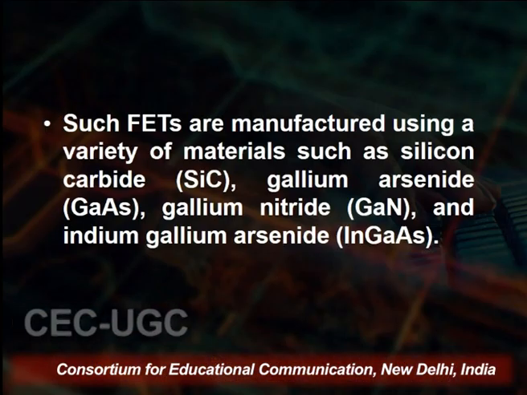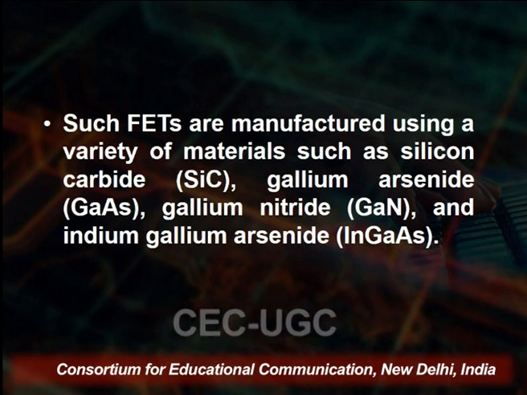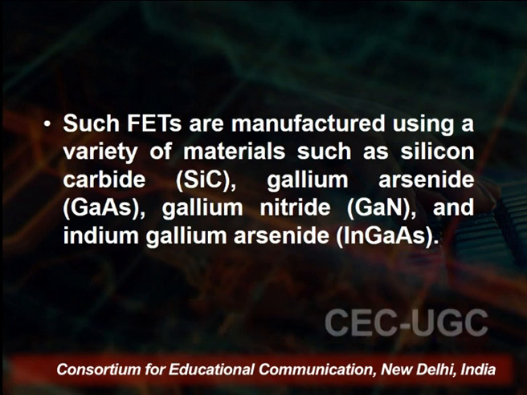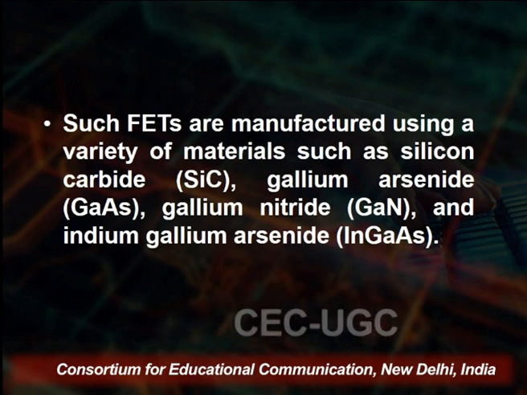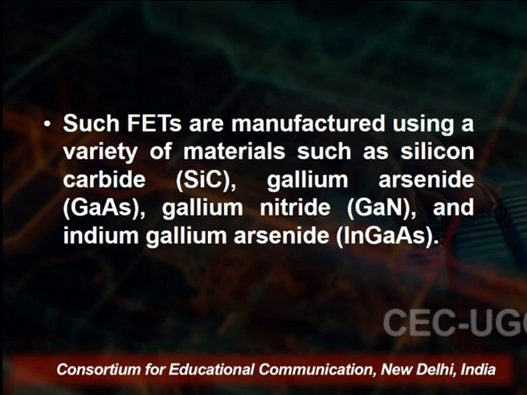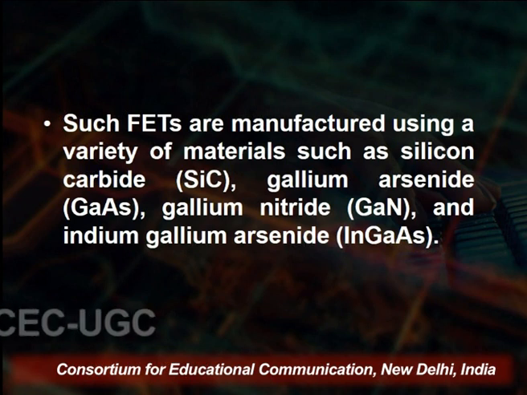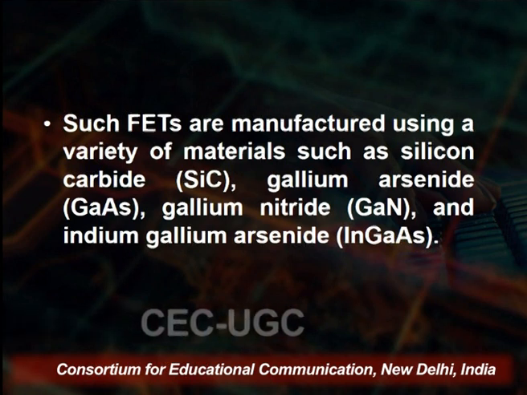FETs are manufactured using a variety of materials. What type of material can we use? You see on the screen that we can use silicon carbide, gallium arsenide, that is GaAs, gallium nitride, and indium gallium arsenide for the preparation of FETs.